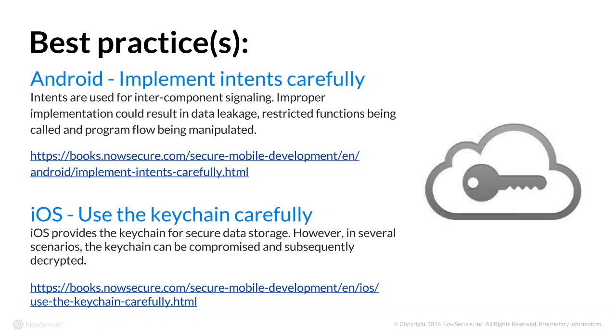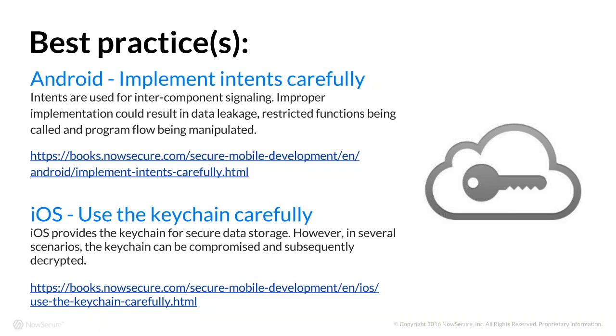And so the best practices you're looking at here are really just two examples that relate to platform-specific issues. The first is improper implementation of Android intents, which could lead to things like data leakage or manipulation of program flow. The best practice talks about using public versus private components and making sure these intents are properly implemented to avoid these issues.